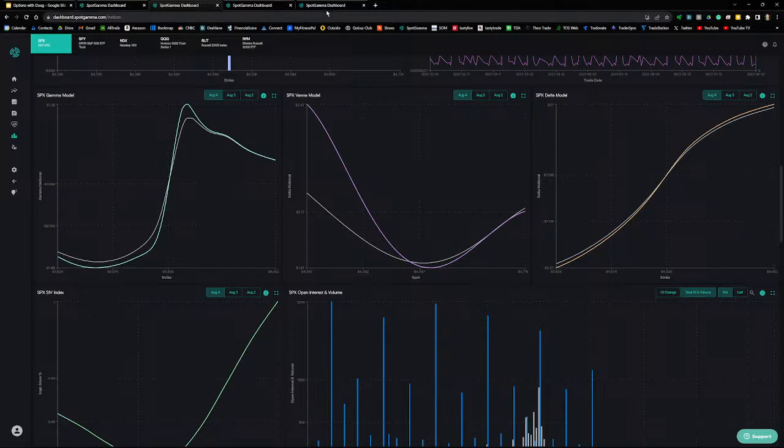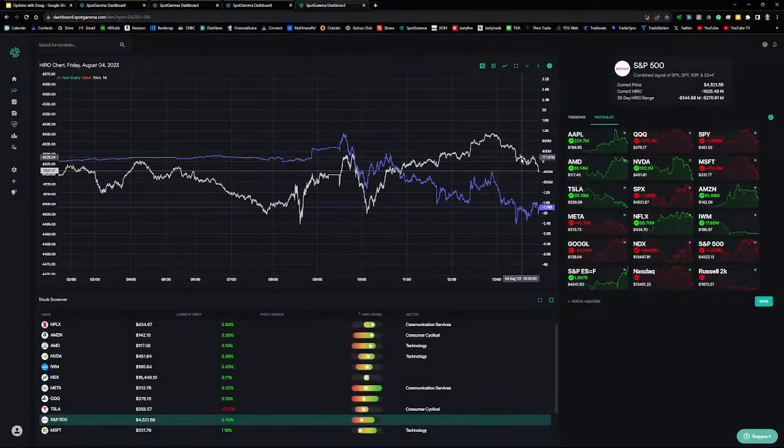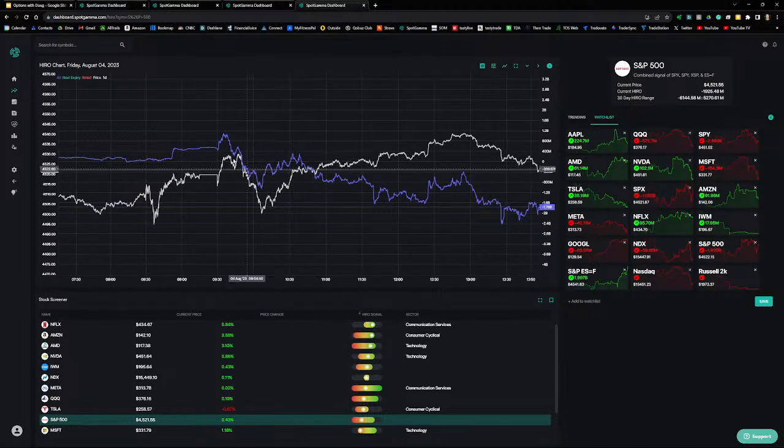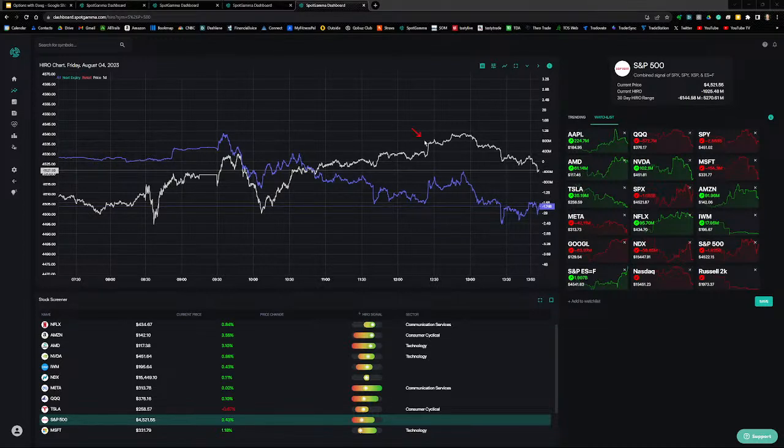All right, let's take a look at some setups. I'm going to start with the S&P 500. What this chart is showing is the SPX price shown with the white line, and then this purple line is the hero signal, hedging impact, real-time options.